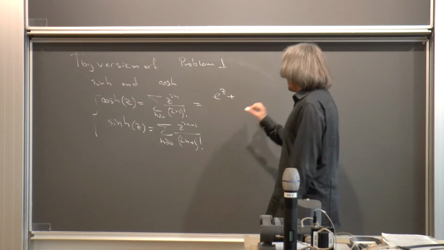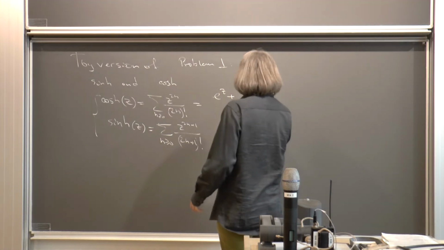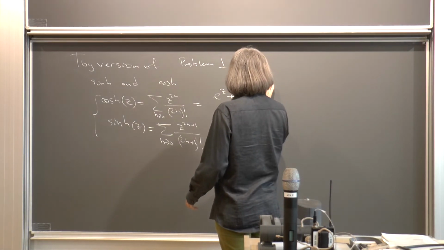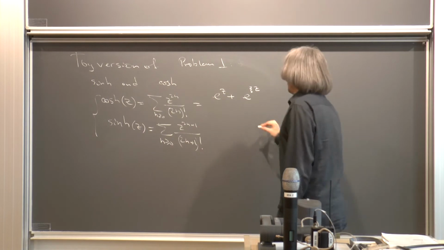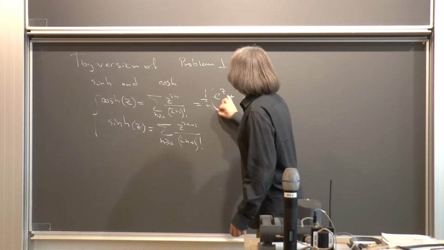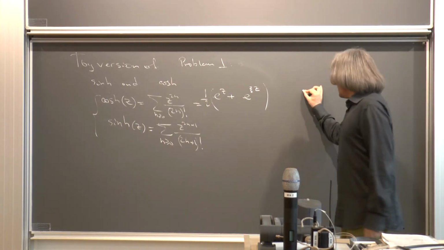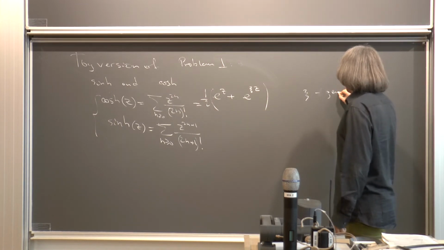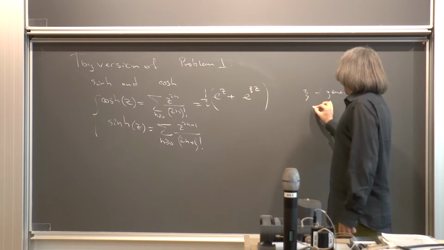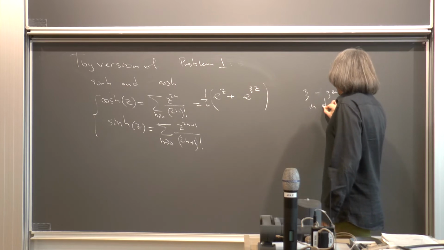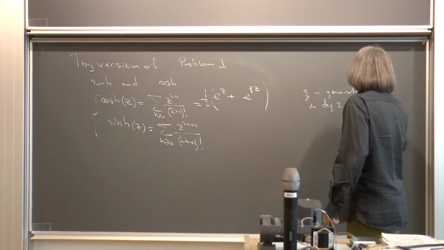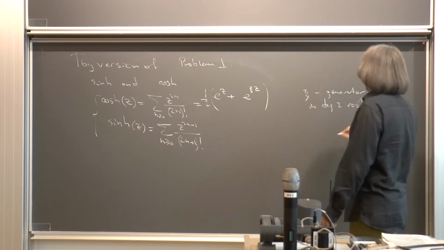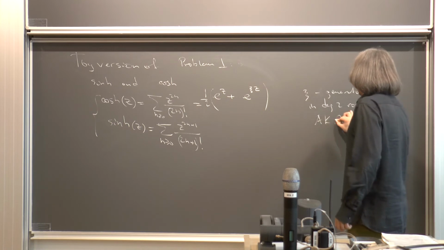So I write it suggestively like this: e to psi z, and 1/2 here. And psi is the generator in degree 2 roots of 1, also known as -1.